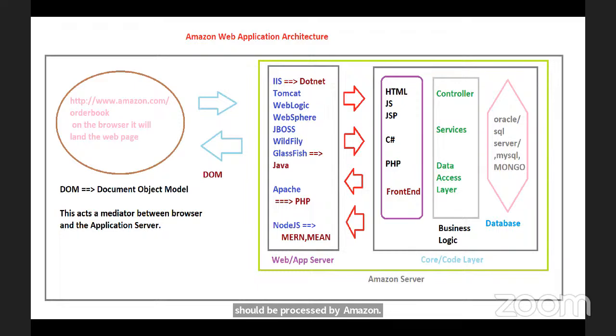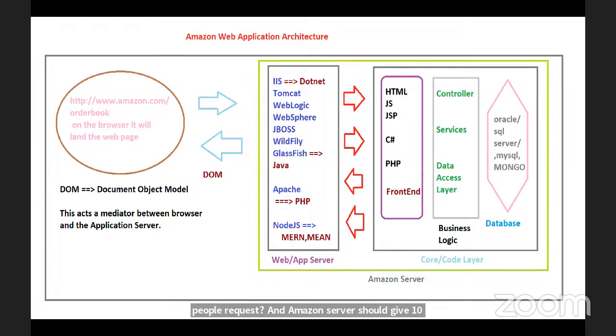Amazon server should give the response to all the requests. So when we hit 10 million people, 10 million people should be served. I mean, Amazon server should process all 10 million people requests, and Amazon server should give 10 million DOM trees.